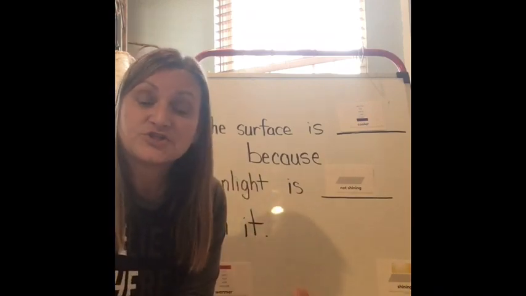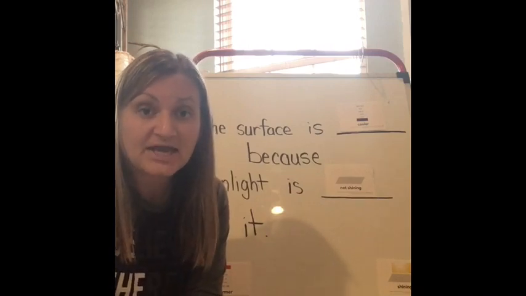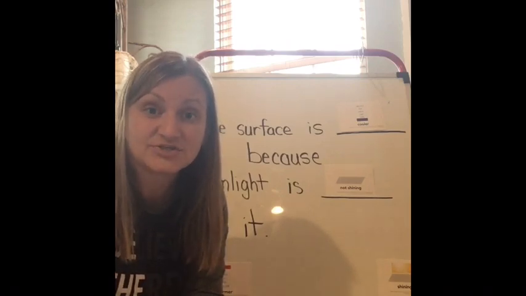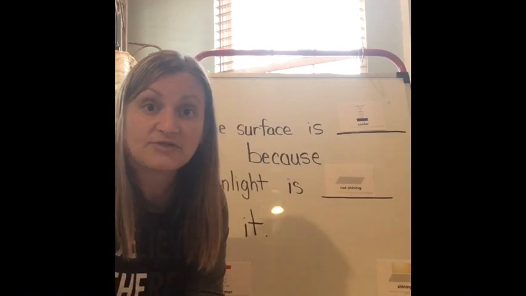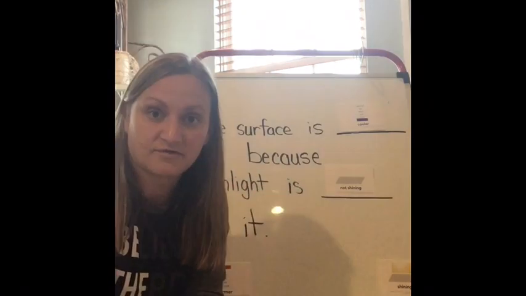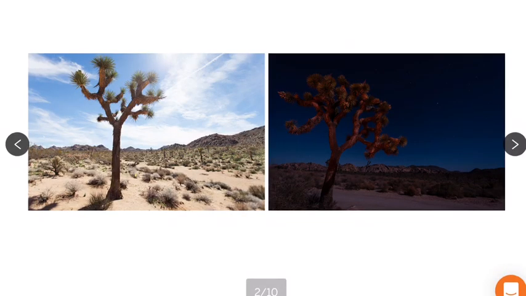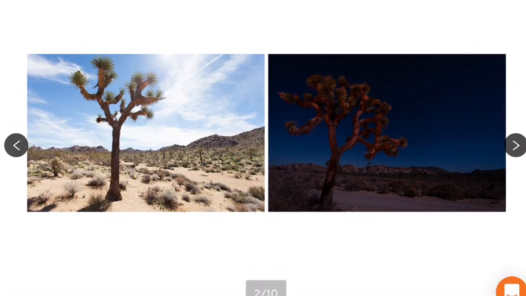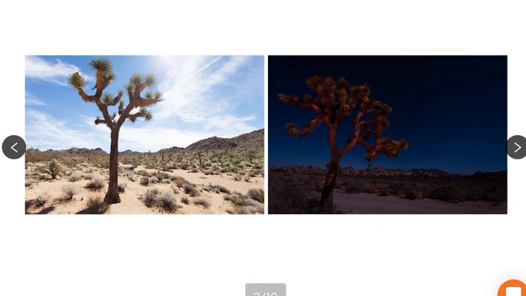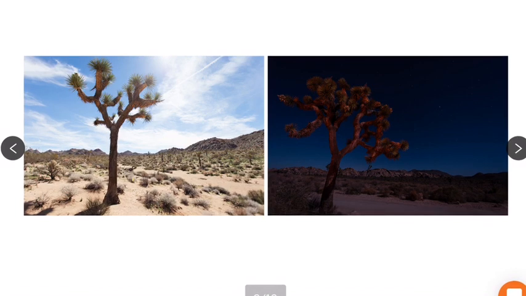So I have two more pictures to show you, and I'd like you to either write down or make a video, show it to your teacher, and talk like a scientist to explain either which areas are warmer or which areas are cooler in the pictures, and explain that because. Why are they warmer or cooler? Now look at these pictures. Which picture is showing a surface that would be warm?